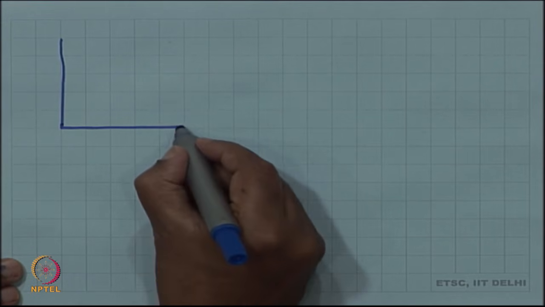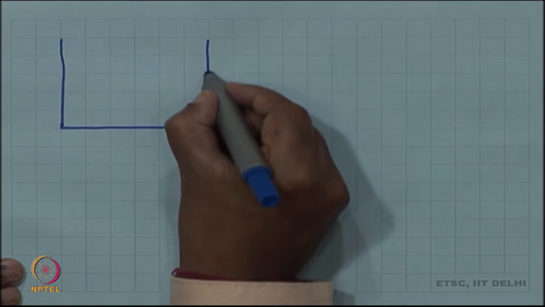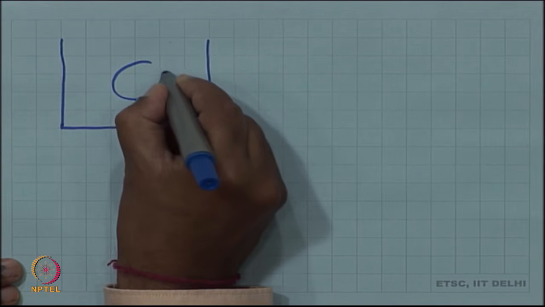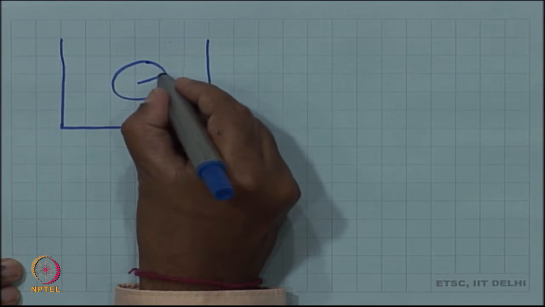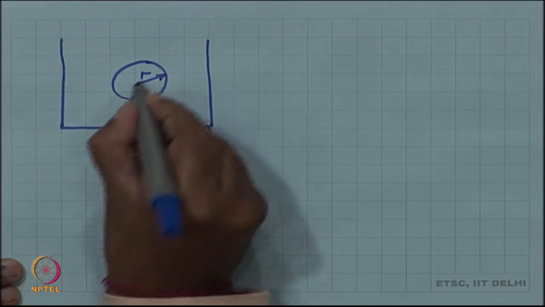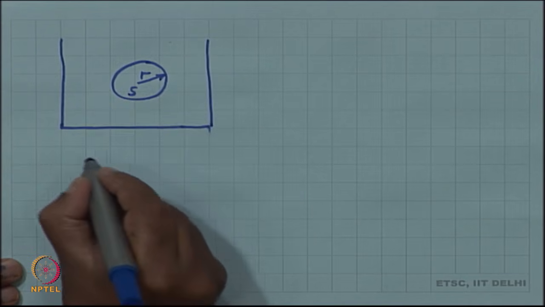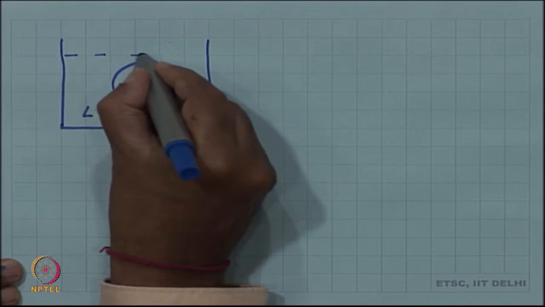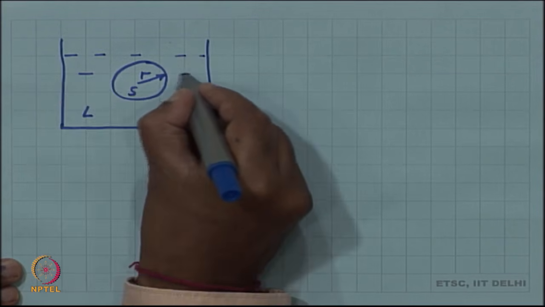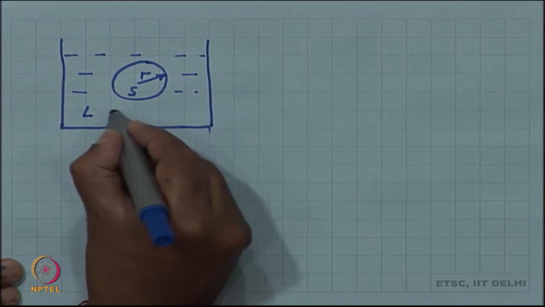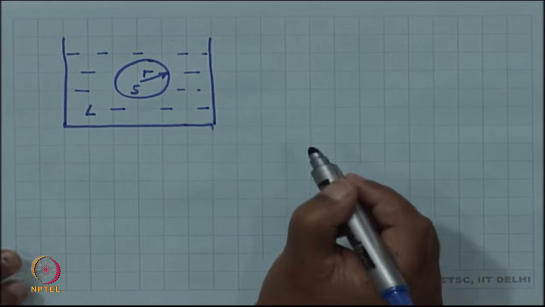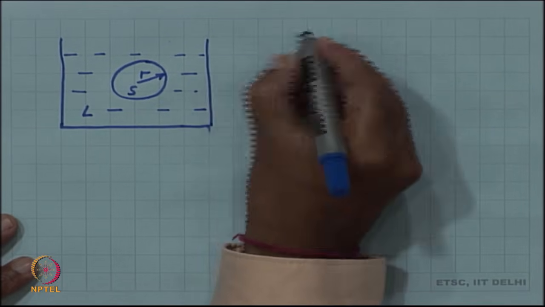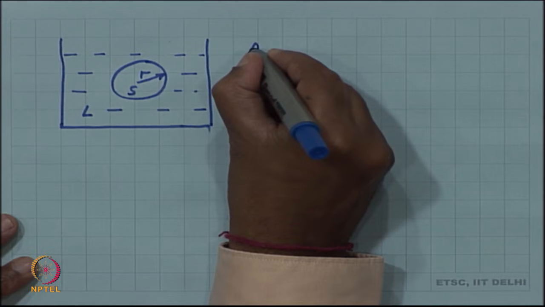how the energy of the system is changing if, let us say, a solid ball of radius r forms inside an unstable liquid. So, this is our model nucleus.